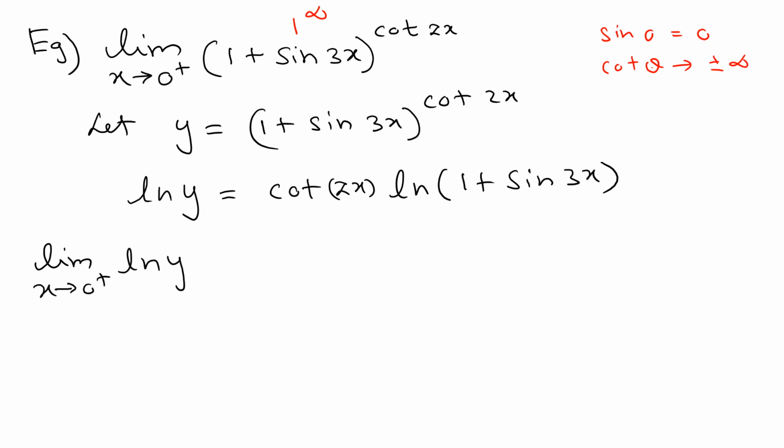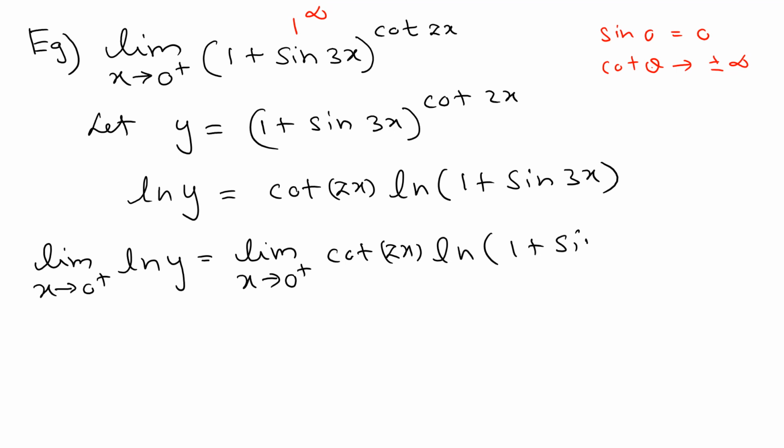So we're going to simplify the other side. So it's a limit x goes to 0 plus cotangent 2x times ln of 1 plus sine 3x. So what happened when you do that? We did not change those functions, so we just switched the terms.